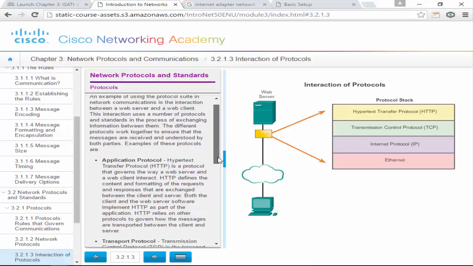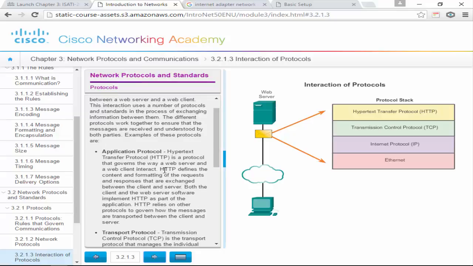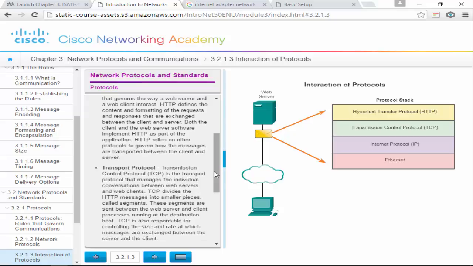All right, so here are some protocols for the application layer. A protocol for the application layer would be HTTP, and this is web traffic, which is actually now HTTPS, but your most basic form of web traffic is HTTP. That's a protocol that allows you to access the web. Then we have TCP, a layer 4 protocol that allows for information to be sent, and it makes sure that the information got there.